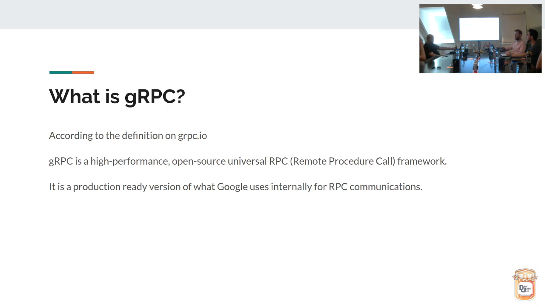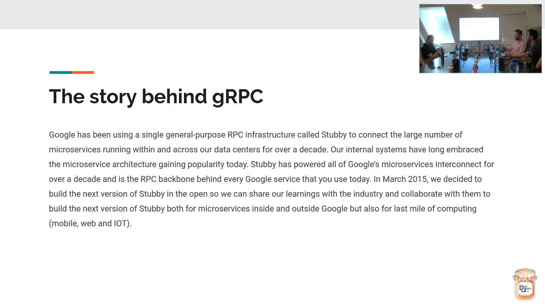gRPC is what they call a production-ready version of what Google uses internally for all RPC communications. So the story is this: Google is not using gRPC, Google is using Stubby. Stubby was created by Google maybe 10 years ago for their microservice communications. Internally, all streaming services, or everything that sends a payload and receives a payload, uses Stubby.